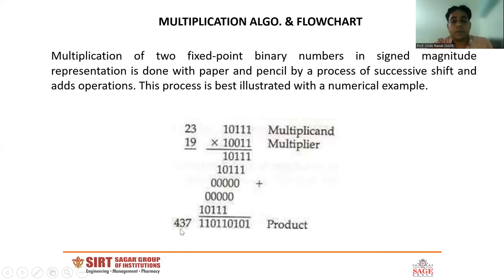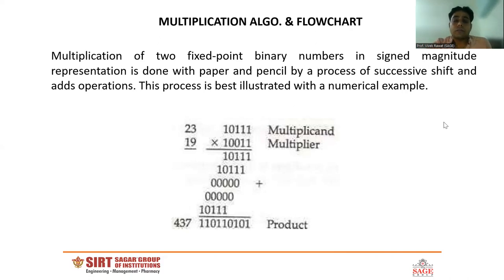This is a very simple process for multiplication. We have used this process from our childhood. But how does the ALU perform this multiplication? We all know we have two numbers. One is called the multiplicand and one is called the multiplier.